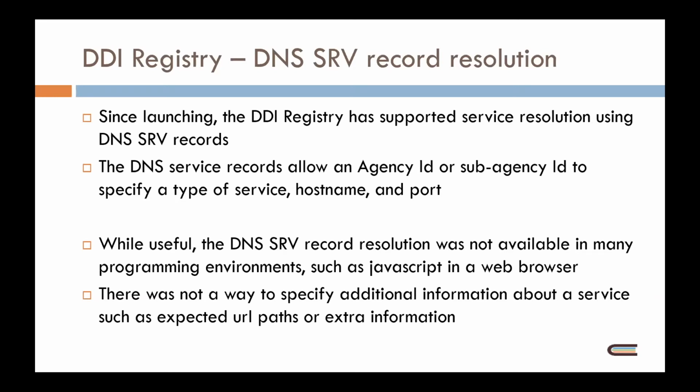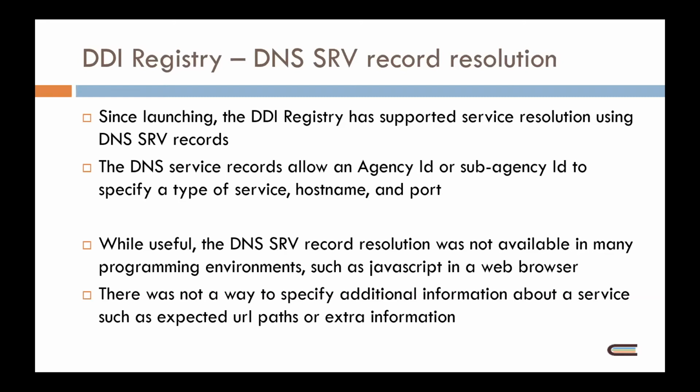A service could provide a host name and a port that showed where a user or program could contact that service. This was very useful because it did allow service discovery, but there were several drawbacks that were found.